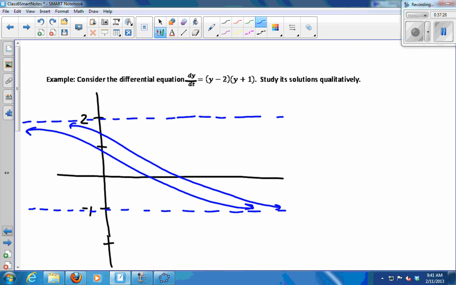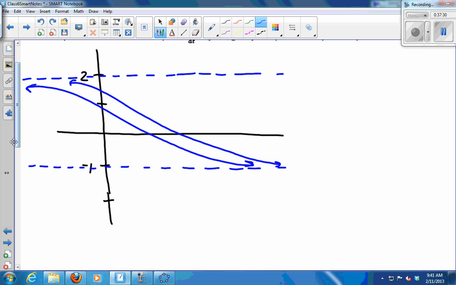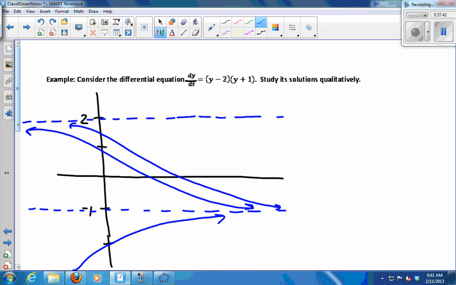And when I'm less than -1, my solutions are increasing, so they have to come up like this. And when I'm greater than 2, my solutions are increasing also, so these have to go up like that. So I get a good idea of the general behavior of this ODE without having to solve it.